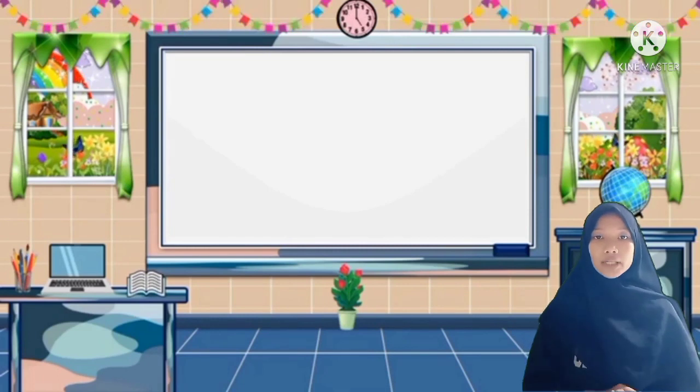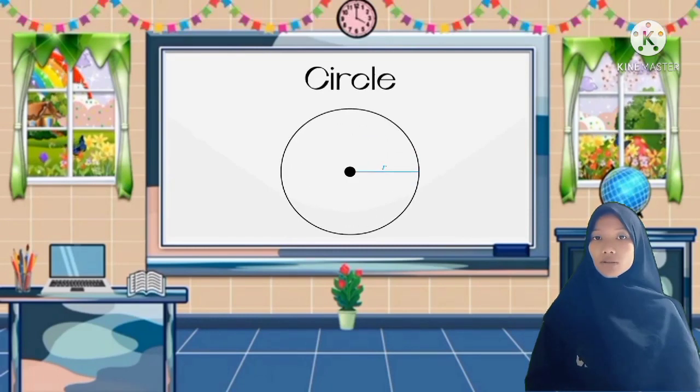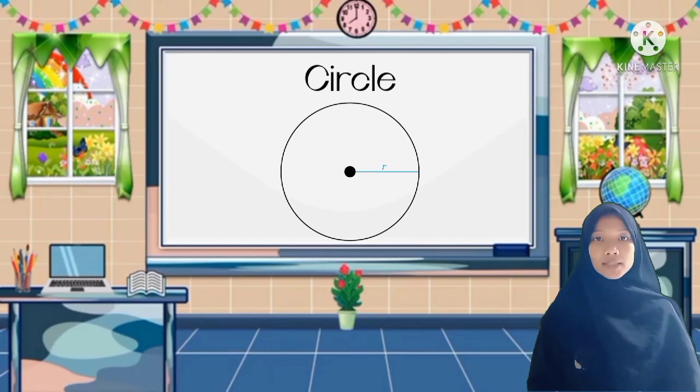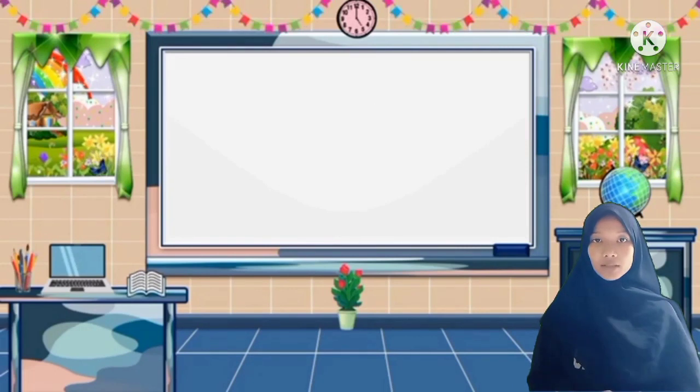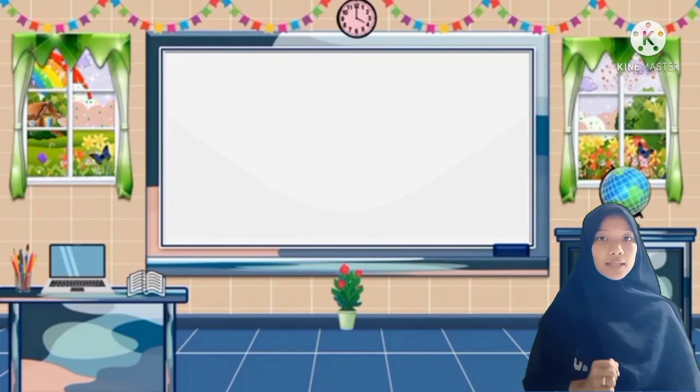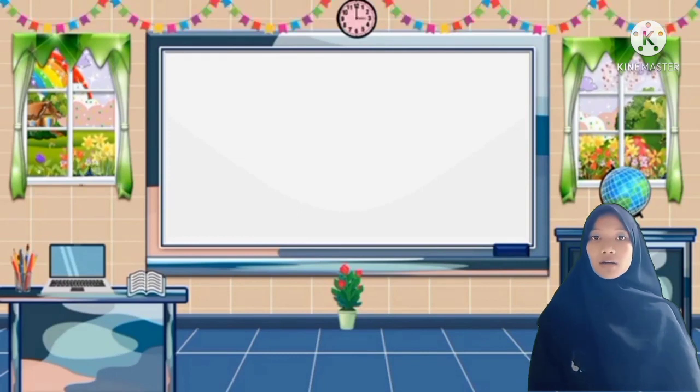Okay, go on to the next material, which is about circle. A circle is a set of points that are equidistant from a certain point. A certain point in the circle is called the center of the circle. A circle has one curved side.